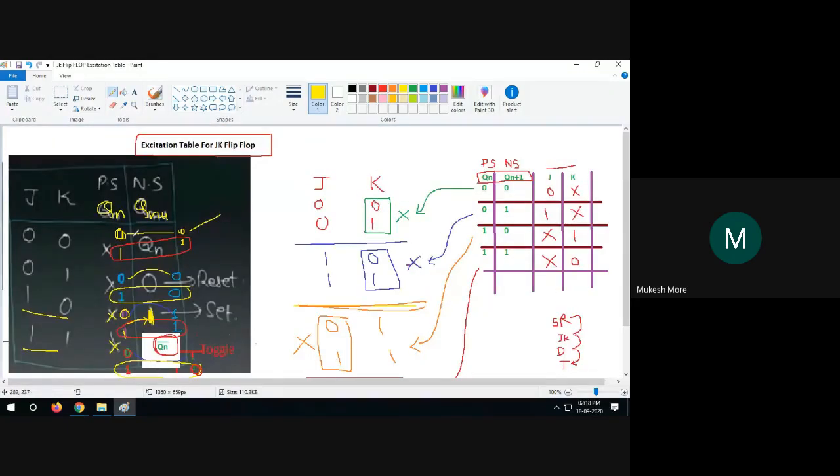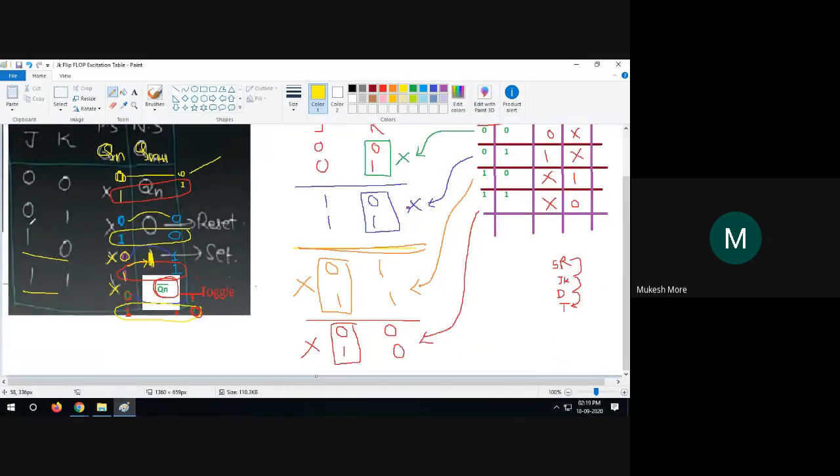See, for J=0, K=0, we have Qn 0, Qn+1 0. And if J=0, K=1, then also we are getting present state Qn 0, Qn+1 0. Okay.